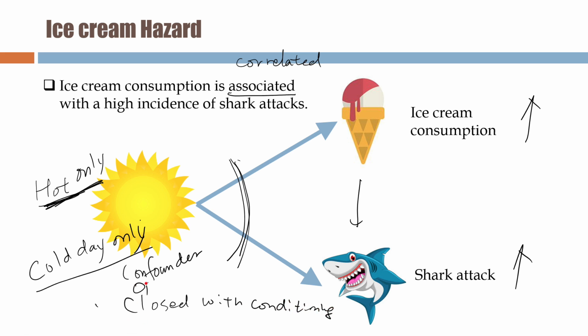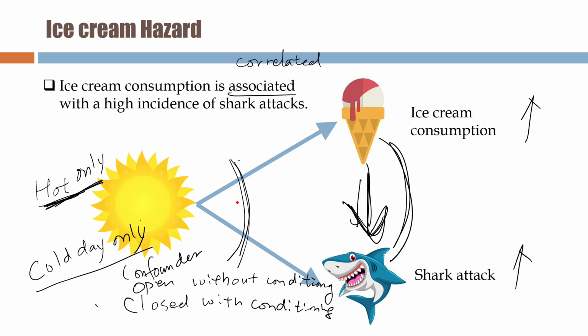It's open without conditioning, because we should still be able to see the correlation between these two if we don't condition on the weather, which means I open the back door.